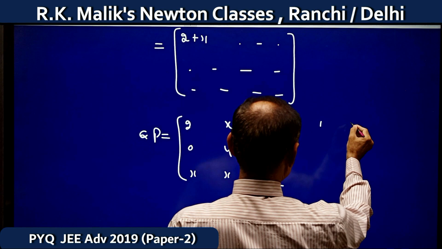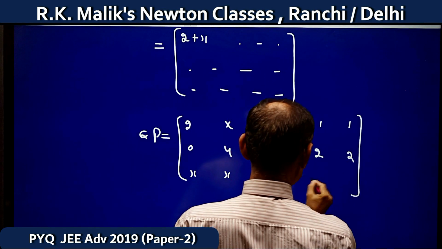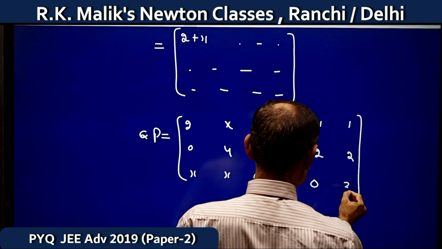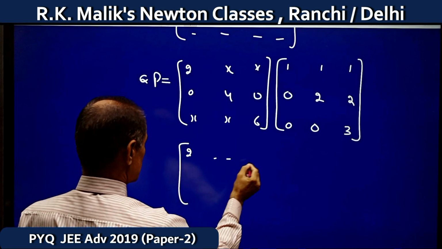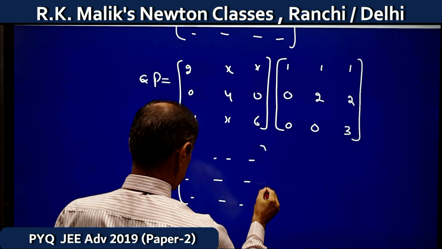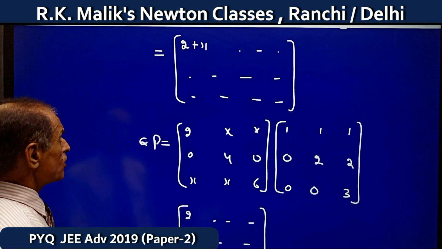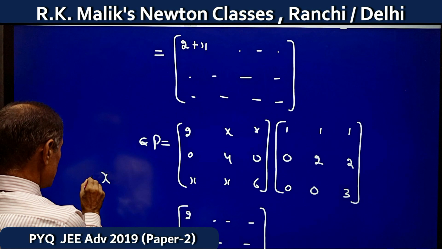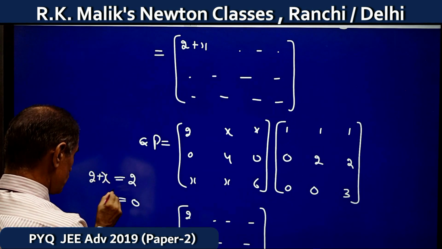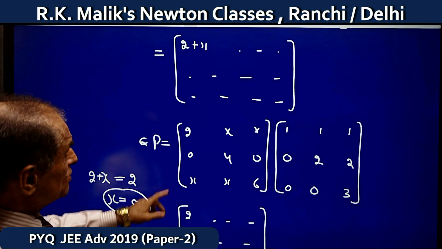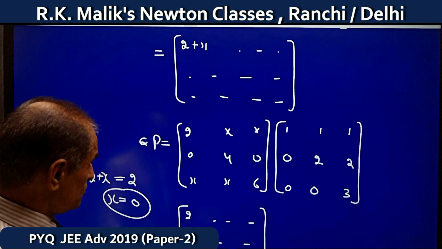Here 1, 1, 1, 0, 2, 2 and 0, 0, 3. Here I will be getting 2. It's clear that these two can be equal only if 2 plus x is equal to 2, that is x equal to 0. That is, these two matrices can be equal only if x is 0.